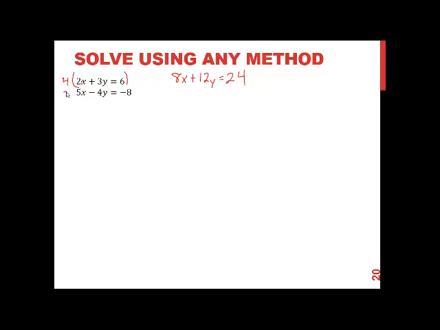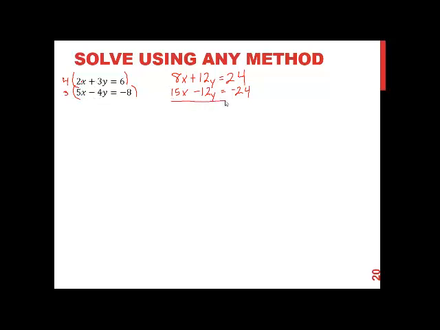And I'll multiply the bottom equation by 3, giving me 15x minus 12y equals negative 24. And if you came up with a plan to change the 2x and the 5x so that they would eliminate instead of the y's, that would be fine too.